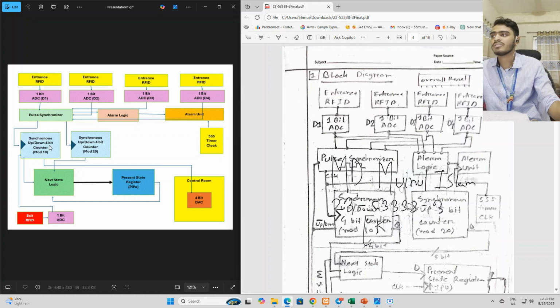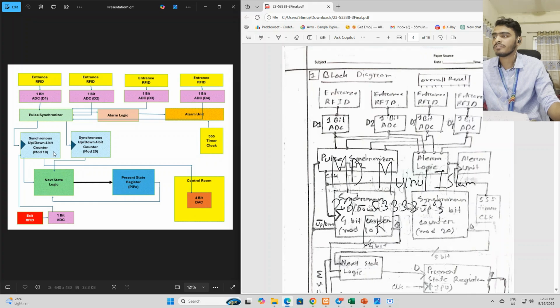If some passengers exit through this RFID, which is also connected with a 1-bit ADC, this counter goes downwards, and if it gets a hit from these entrances, it goes upward. So this is an up and down synchronous counter, and this is a mod 10 counter because one of our requirements is that only 10 passengers are allowed on the platform at a time.